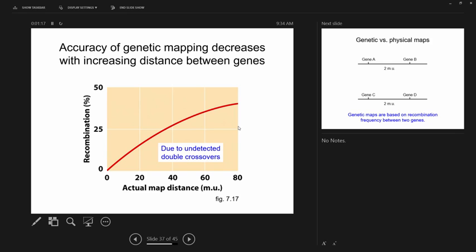So undetected recombination events will artificially lower the recombination rate between two genes because you can't see them. And it's even worse because each double crossover event would count, if you could see them, as two recombination events.